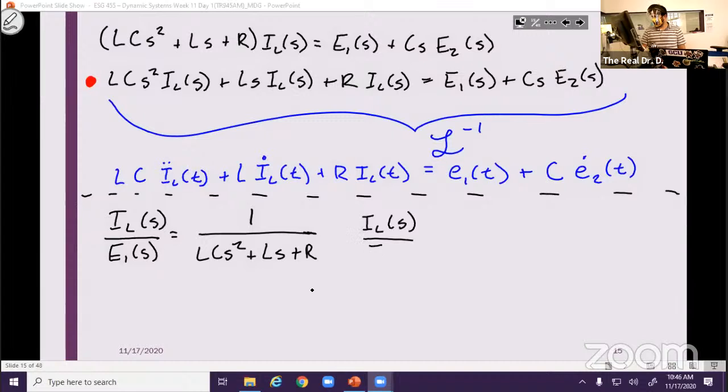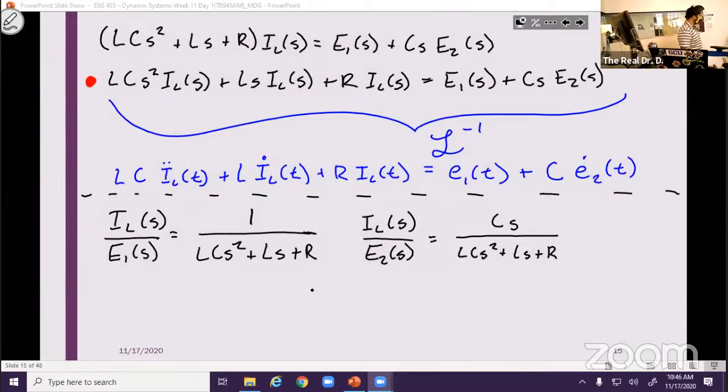Similarly, I can do things for E2. If I cover up E1, I treat E1 as if it's not there, and I end up with this. Notice the denominators are exactly the same, and they should be, because that's the characteristic equation for the system.